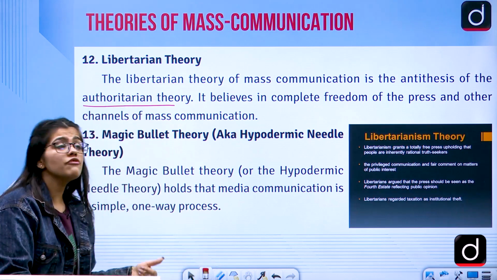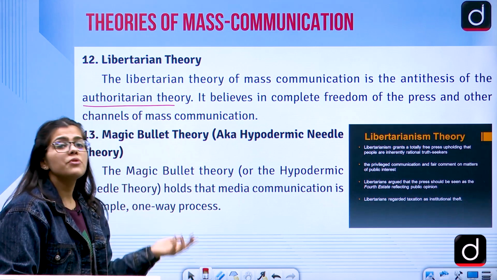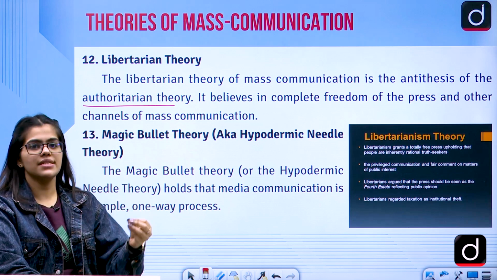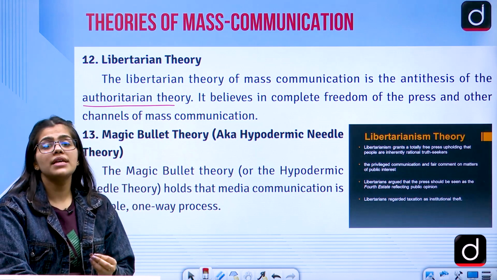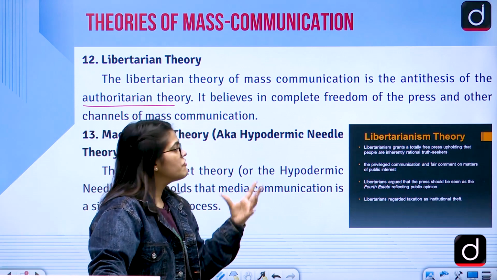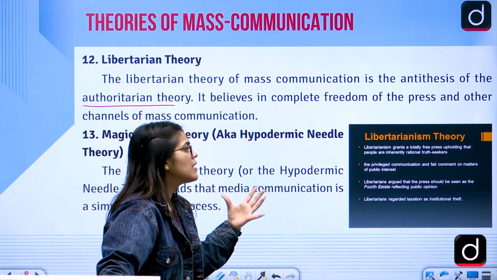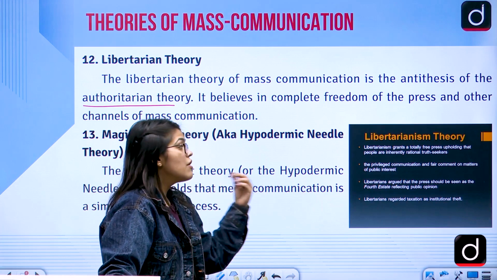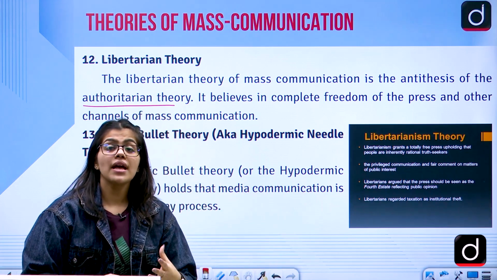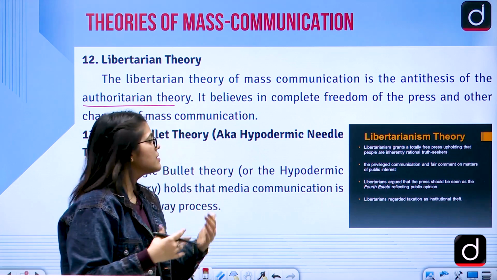But they can also follow this theory, that is, the libertarian theory. This libertarian theory actually says that everyone is equal, and the role of the media is to tell the truth. Libertarianism grants a totally free press, upholding that people are inherently rational and truth seekers. So they know that you actually have to tell the audiences the truth.